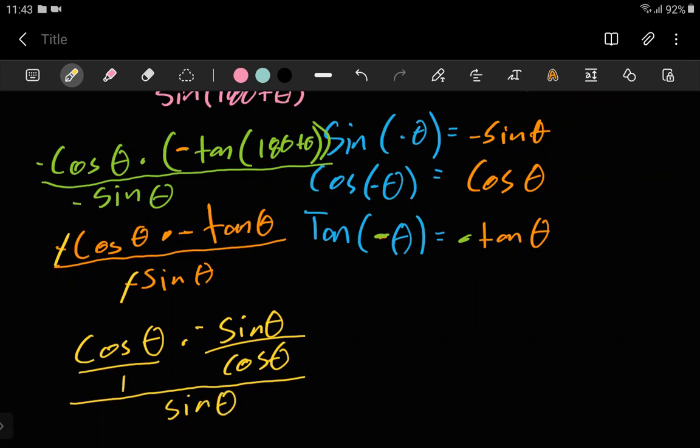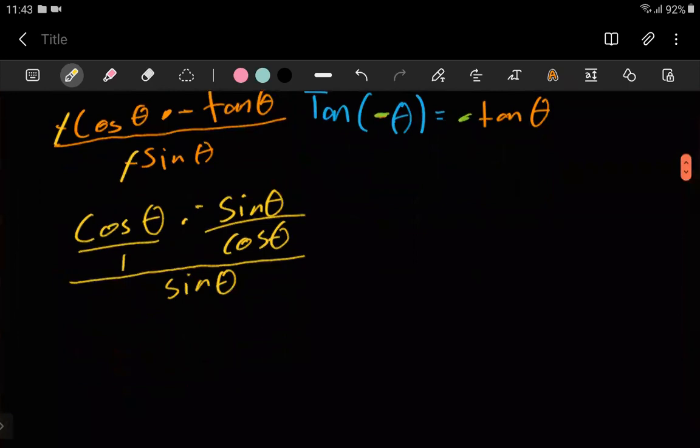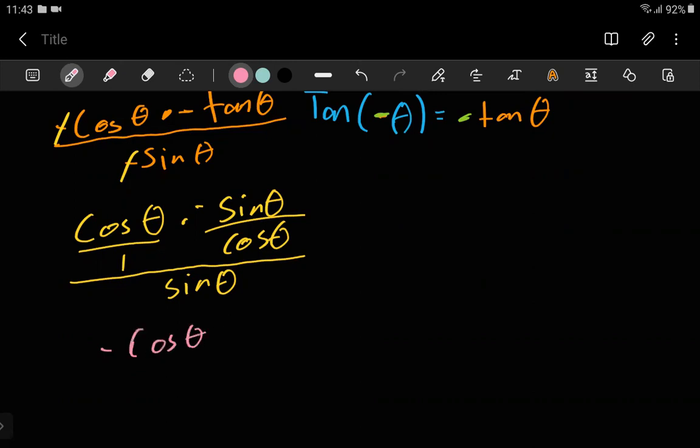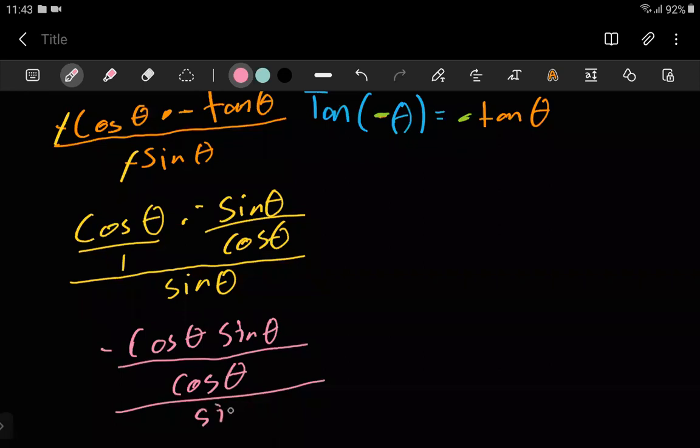Perfect. So now we can clearly see that all that's happening here is the top is multiplying with the top. It's giving us cos theta sine theta. Then here 1 times the cos, it's giving us cos theta. Then right at the bottom, we have sine theta.